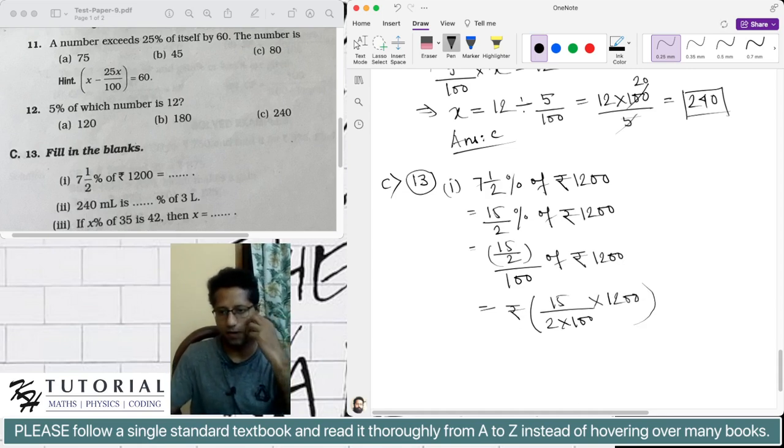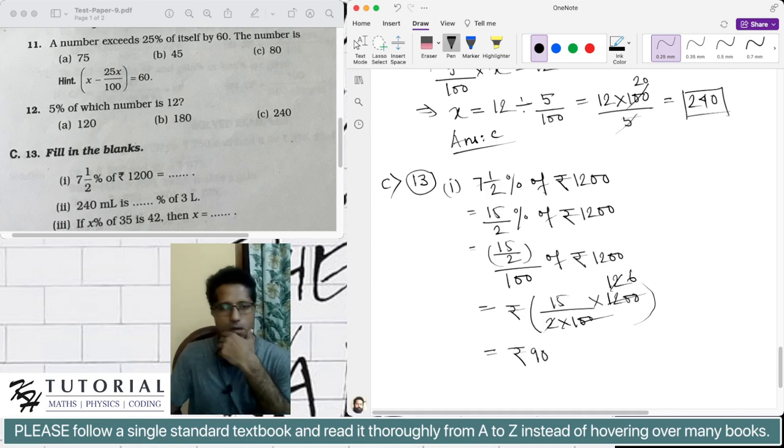Now we have to simplify the expression. So 100 cancels 1200 with 12, 2 cancels 12 with 6, and this is equal to rupees 90. Rupees 90 is the answer.